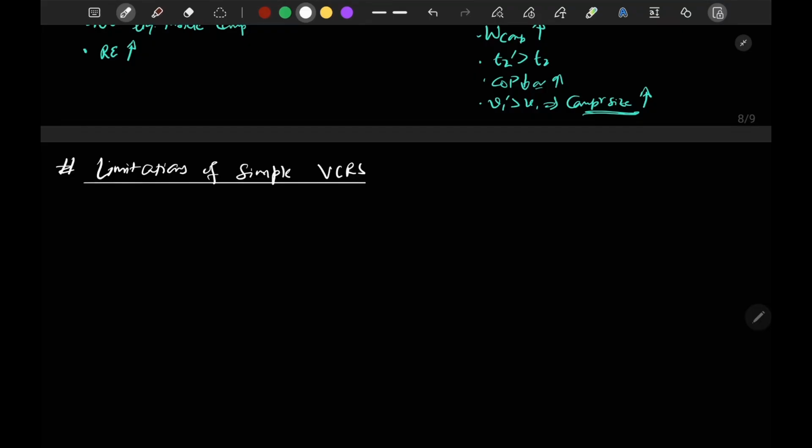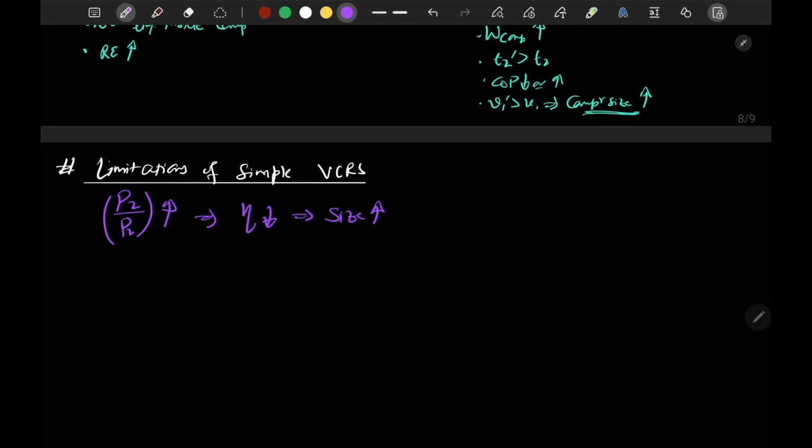In case of simple VCRS, if we increase the value of the pressure ratio, our volumetric efficiency decreases. Hence the size of the system required will also increase. Since volumetric efficiency decreases, for the same mass flow rate our system size increases.